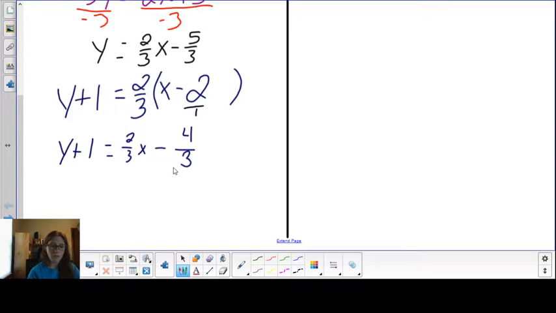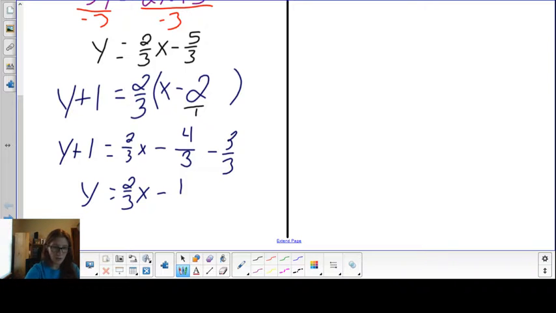Next, I'm going to go ahead and subtract that 1. So y is equal to 2/3 x. Oops, that's not very good too. Now, we're subtracting 1, and we know that 1 is essentially 3/3, so that I work with the same denominator, because I can't just subtract by 1. I have to change it into a fraction.